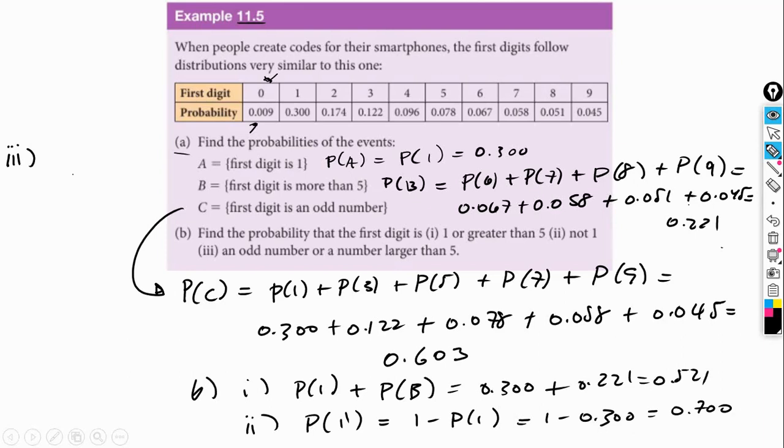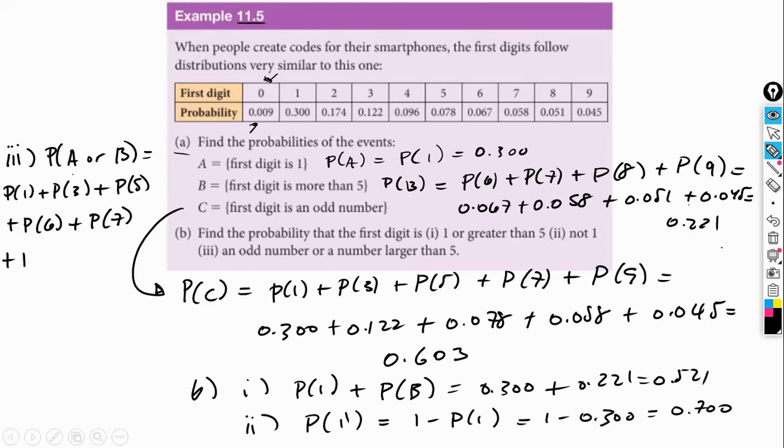And then finally we have part 3 that says find the probability that it's an odd number or a number larger than 5. So that's the probability of A or B. That means it's going to be the probability that it's 1 plus the probability that it's 3 plus the probability that it's 5 plus the probability that it's 6 plus the probability that it's 7 plus the probability that it's 8 plus the probability that it's 9.